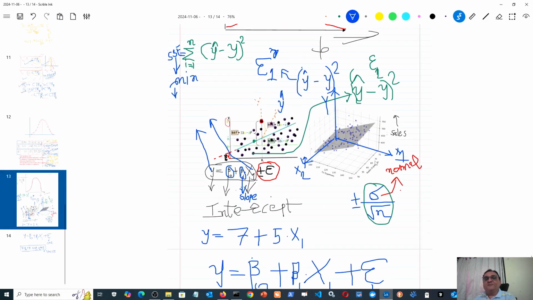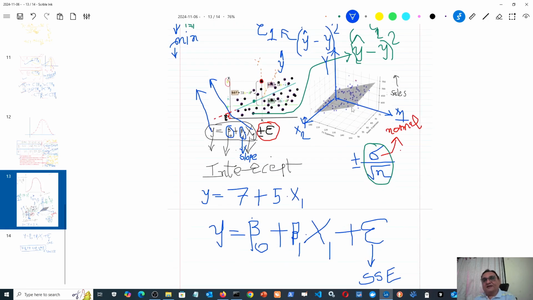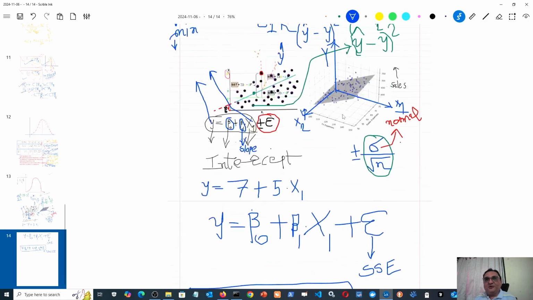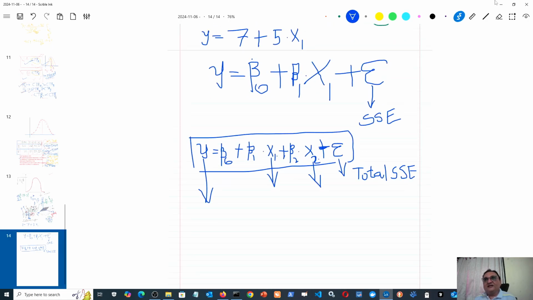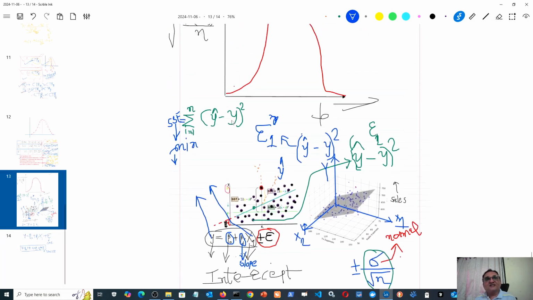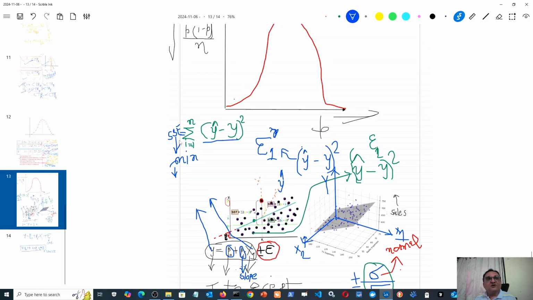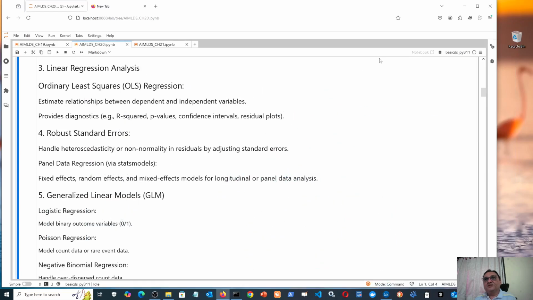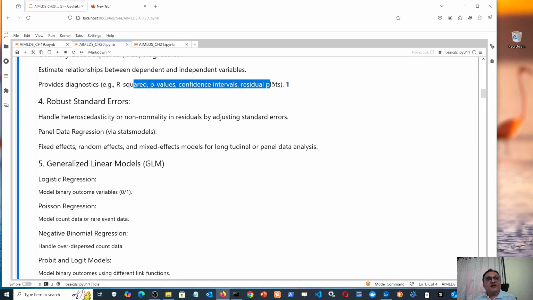So it cannot be done in this manner. What we do at that time is we do it statistically with ready-made functions available to us. That process is itself called ordinary least square regression. The word itself is clear: least square. This is the square and we are trying to minimize it. Least means minimum, so a regression in which the sum of squared error is minimum.